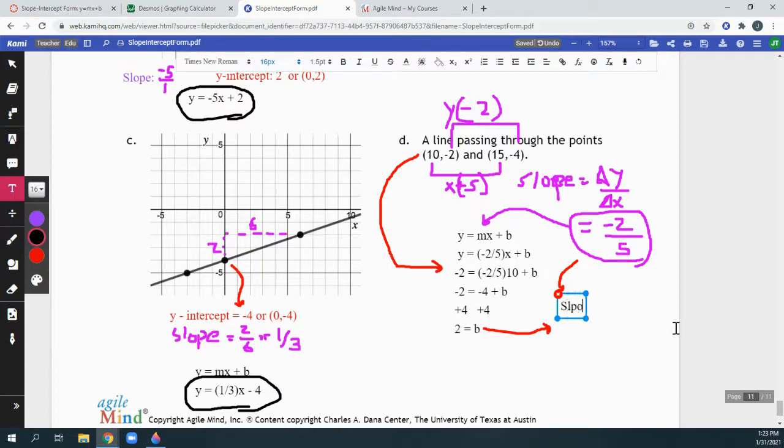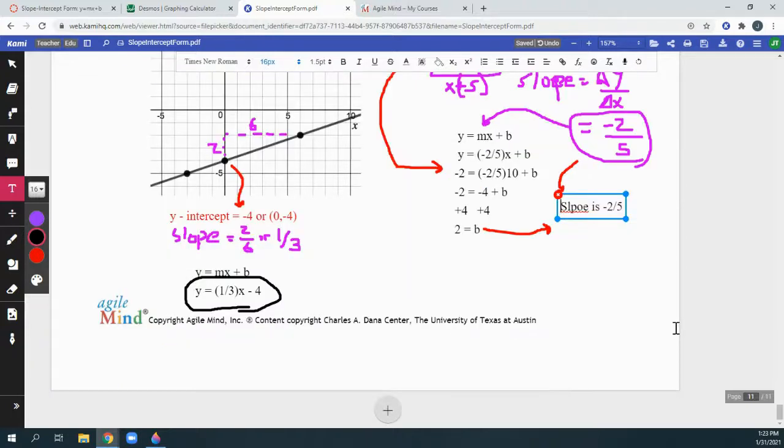Slope is -2/5. I can't spell. Intercept is 2. Y equals -2/5 x plus 2.